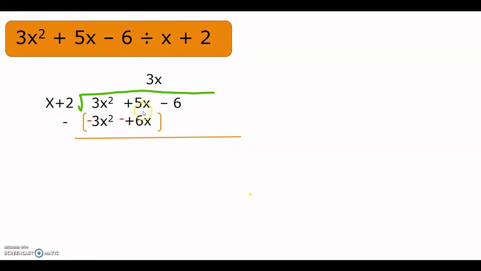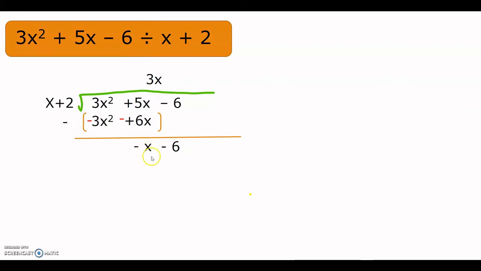So positive 5x minus negative 6x, and the answer is negative x because negative 6 is bigger than positive 5. So we copy the sign of the biggest number. And here we will bring down negative 6.